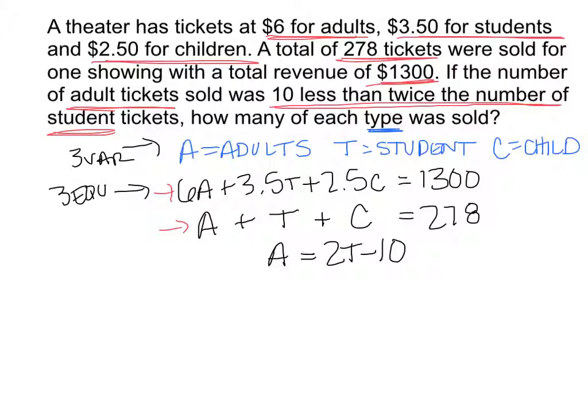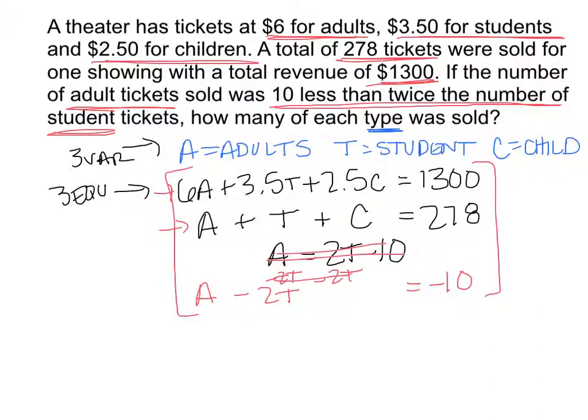So what we're going to need to do is move those t's over, so that we now have an equation that says a minus 2t equals negative 10. So that's what we're going to be looking at. These are our 3 equations that we're going to use to write our matrices.